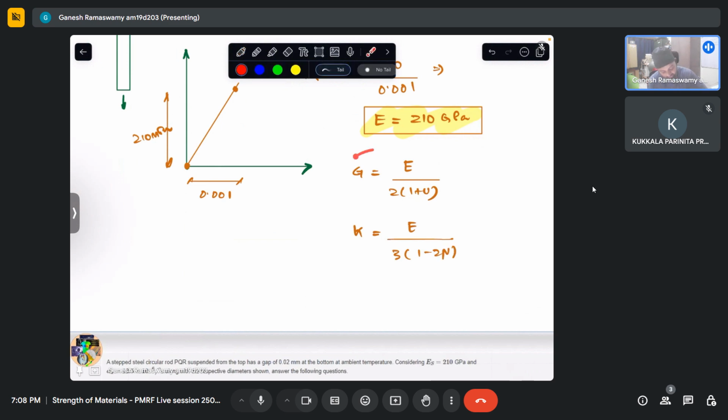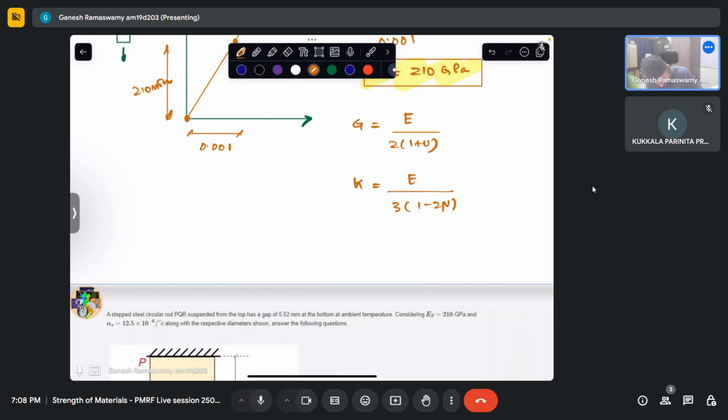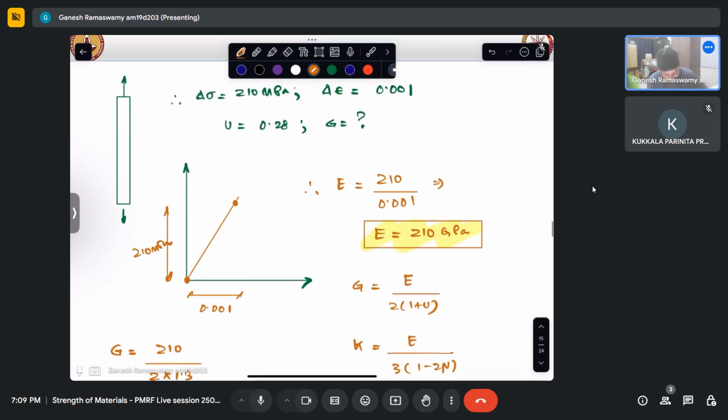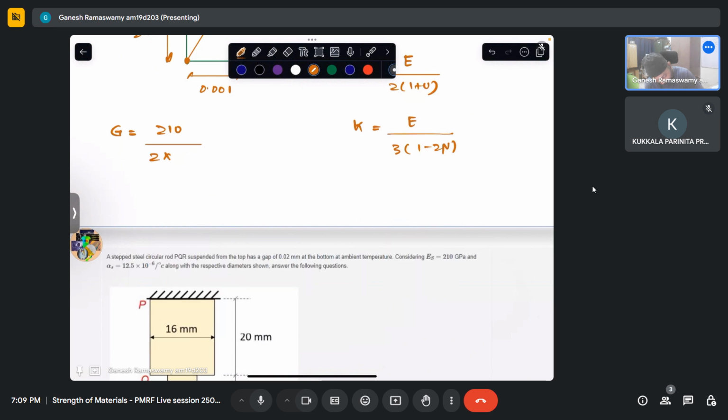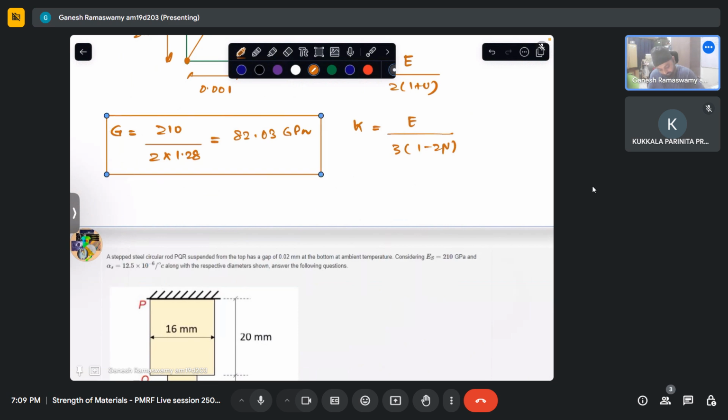So using this relation, we can easily see that G for this material will be 210 by 2 into 1.28, since we have been asked in GPa only, which is 82.03 GPa. So that is the modulus of rigidity for this material.